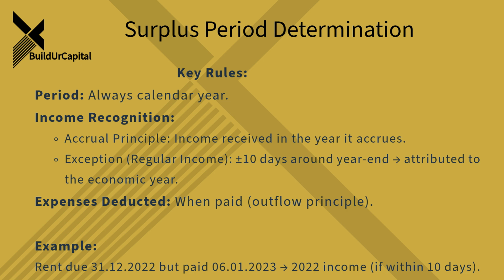Now, this next part seems really important. The timing. When do you actually count the income and expenses for surplus income, the temporal allocation? Right, this is crucial. It works on 2 main principles. Receipt and outflow. Receipt principle first. Yeah. Income is counted in the calendar year when you, the taxpayer, gain economic control over it. Basically when you actually get paid. So cash in hand or money hitting your bank account.